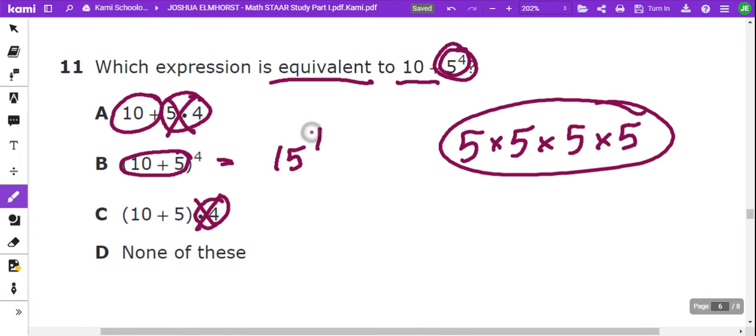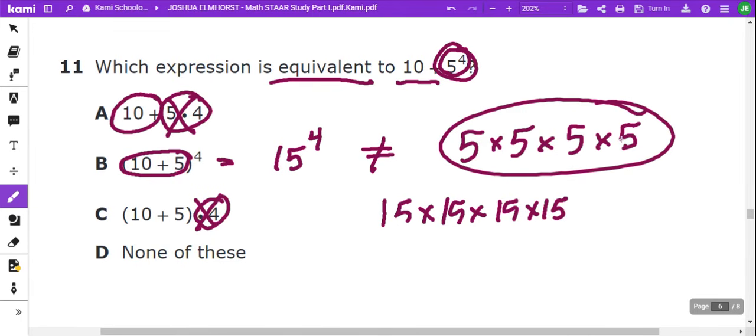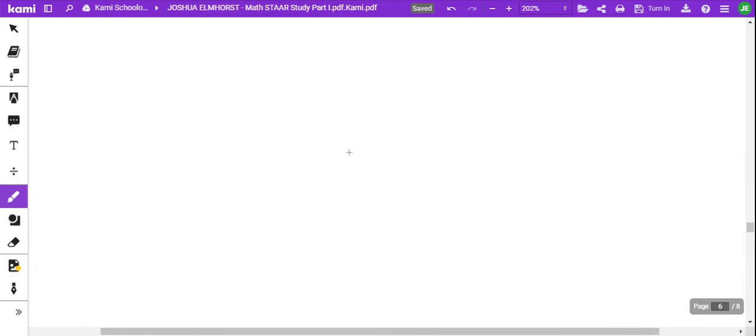And then we put the exponent back on the outside. Parentheses, exponents, using order of operations, it would be 15 to the power of 4, which means 15 times 15 times 15 times 15. And this is not equal to 5 times 5 times 5. So it looks like none of them are equivalent expressions.